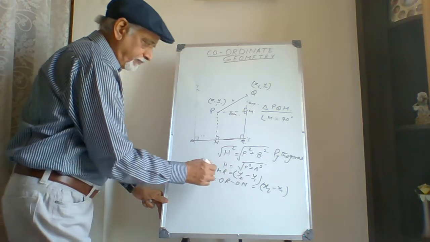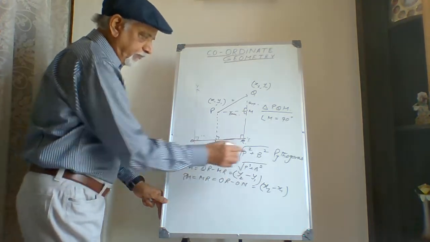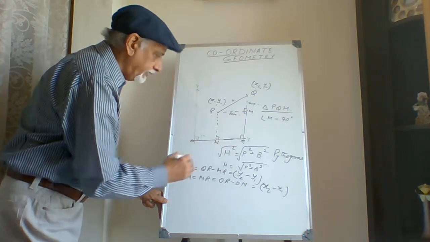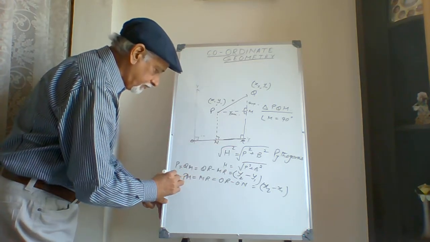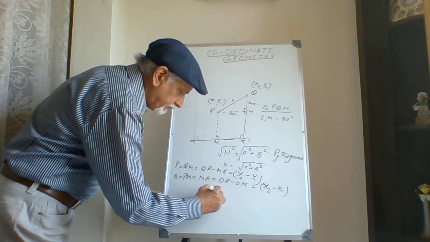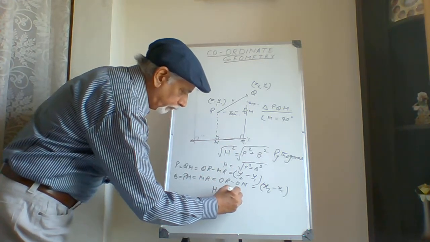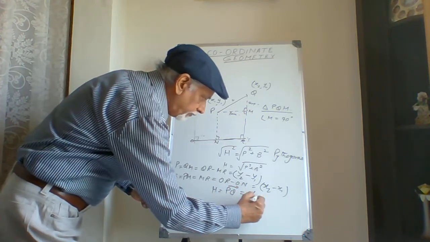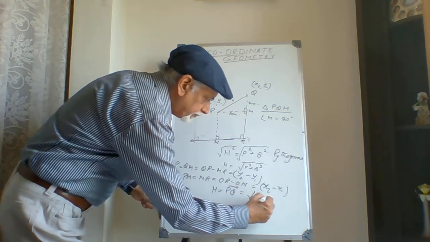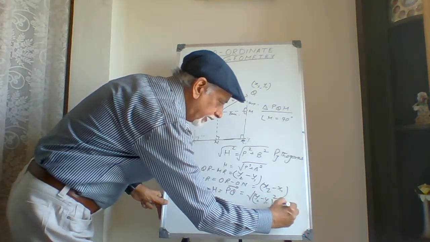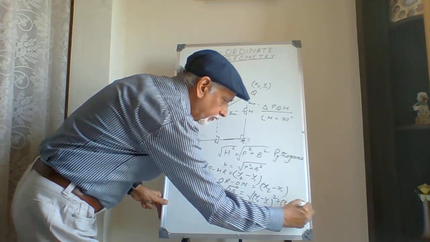When you put back these values of QM and PM, which are called the p and the b, then the distance h, which is equal to PQ distance, is equal to under root of y2 minus y1 whole square plus x2 minus x1 whole square.